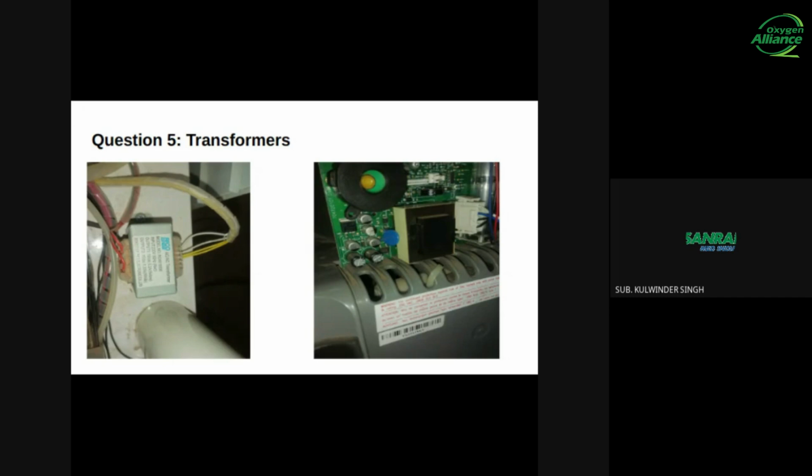Even if the voltage and the current ratings are the same, for example, in your case with the 525 concentrator, if the transformer is bigger than the original, it might not get mounted properly on the board, and you might even face difficulties closing the concentrator.